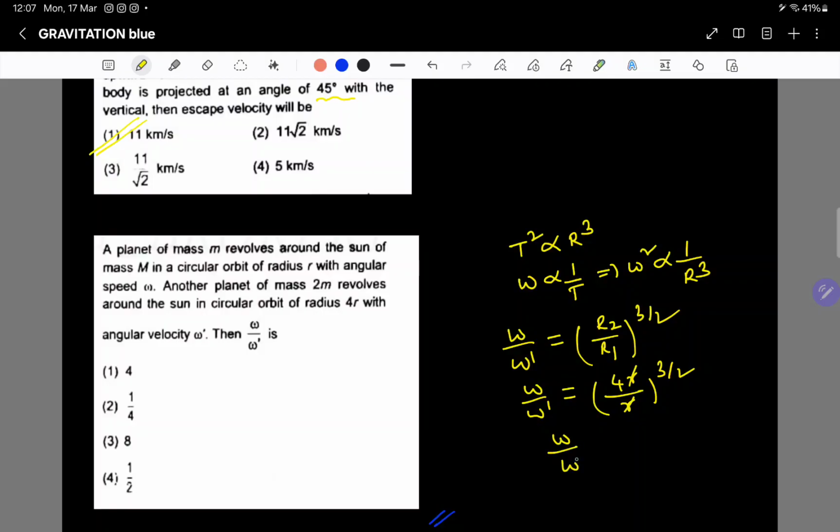So omega by omega dash equals 8, students. Omega squared is inversely proportional to r cubed. Time period T squared is directly proportional to r cubed. Now here the third option is correct, friends.